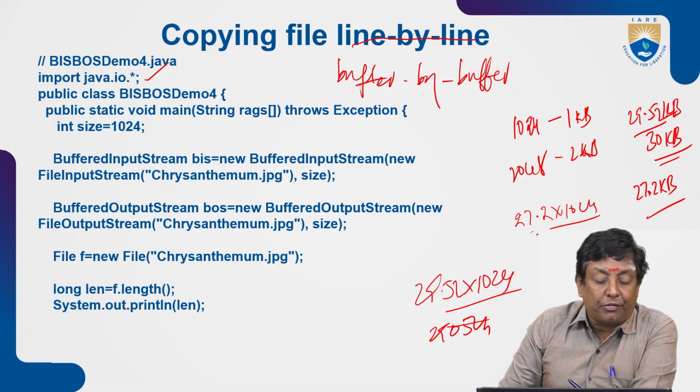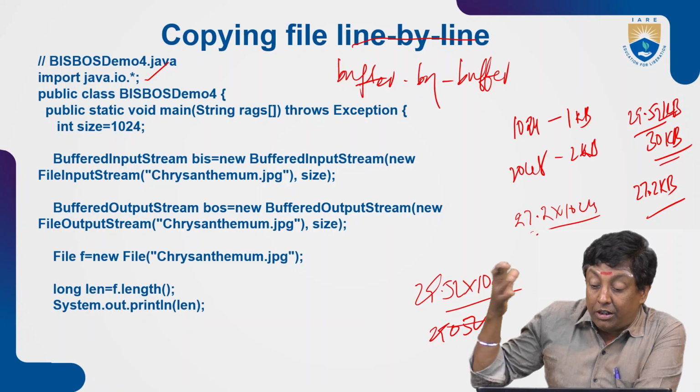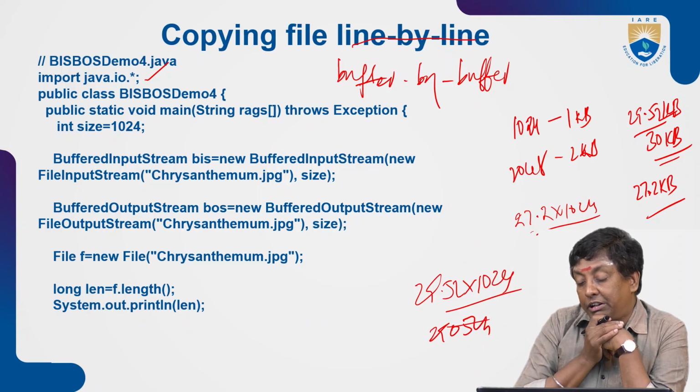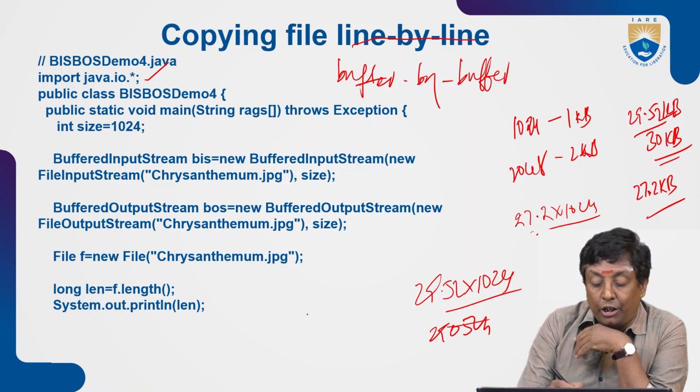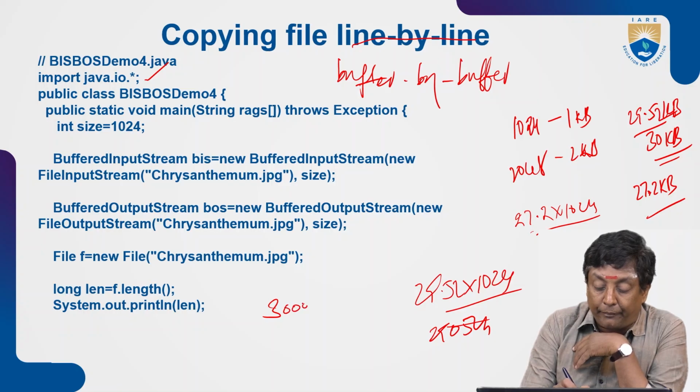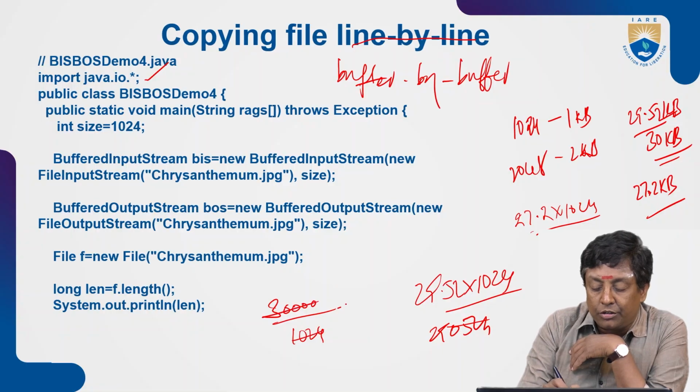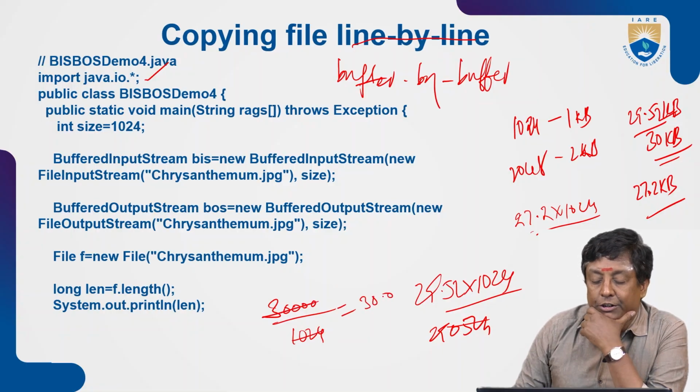You find out the size of the file. In order to read that much data, suppose you take 30,000 and divide by 1,024. You will get some 30 point something, or 31 point something. That is the issue.